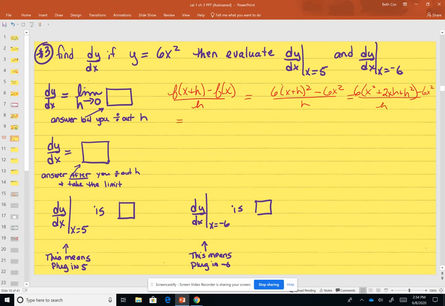So now, when I distribute, I'm going to get 6x squared plus 12xh plus 6h squared minus 6x squared. So those go away, all over h.